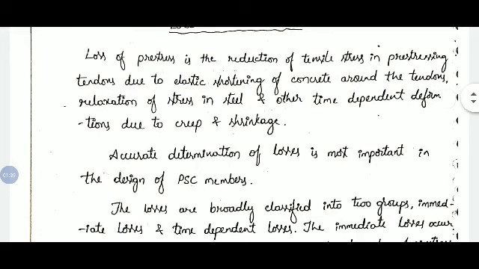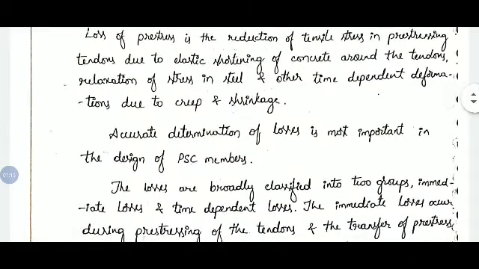So usually the pre-stress losses will be classified into two groups. One is immediate losses and another one is time dependent losses.